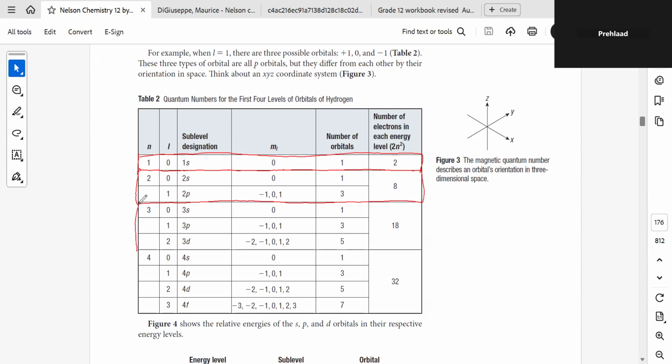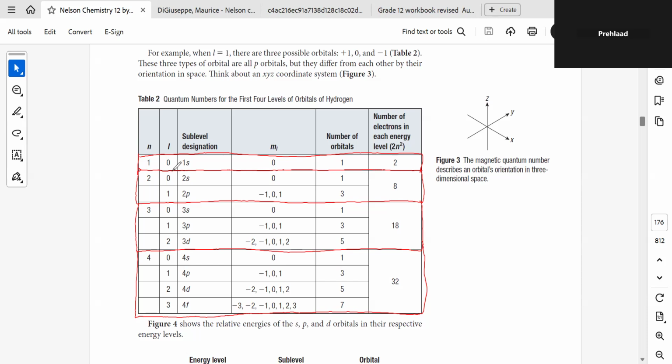If n is equal to 3, you have 0, 1, and 2. Oh, for 3, I said 0, 1, and 3 by mistake. It will be 0, 1, and 2. If n is equal to 4, you have 0, 1, 2, and 3.